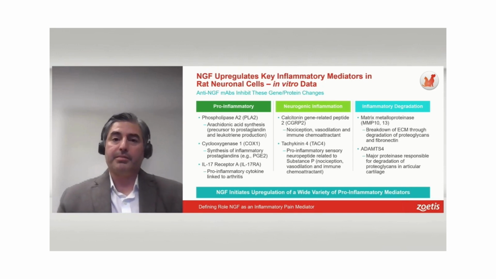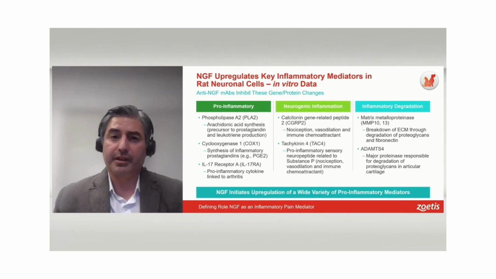And so the important aspect is not only that NGF is upregulating these genes in this cell system, it's that when we apply our mAbs to this experiment, it inhibits all of these NGF-mediated changes.